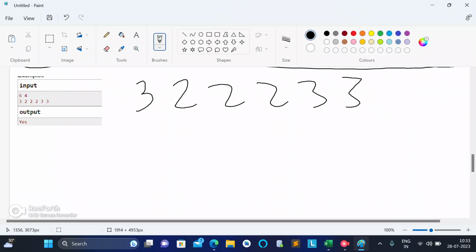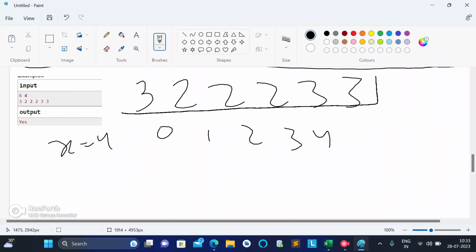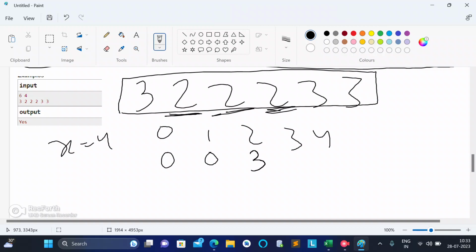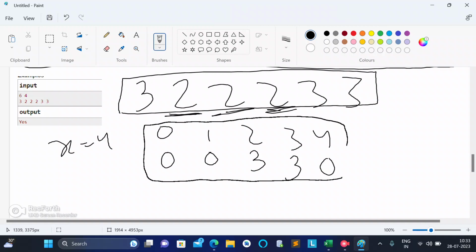I will first write all the elements from 0 to x. Here x is equal to 4, so 0 1 2 3 4. In the array given in the question, we can see that 0 is present 0 times, 1 is present 0 times, 2 is present 3 times, 3 is also present 3 times, and 4 is present 0 times.